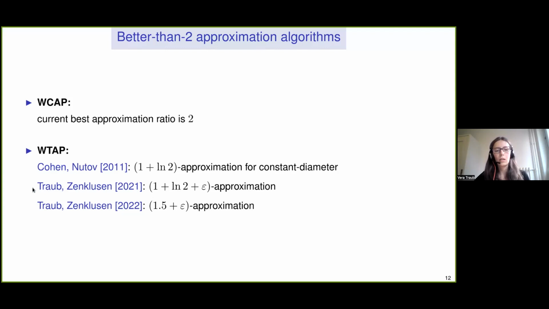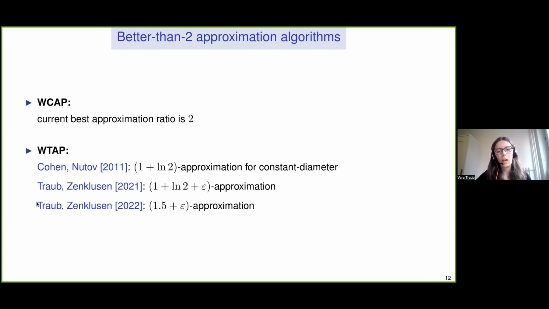And then only last year, in some joint work with Ricots and Clusen, we managed to generalize this result by Cohen and Nutov to general instances of weighted tree augmentation. And there we obtained an approximation guarantee of 1 plus ln 2 plus epsilon. Again, this is a bit less than 1.7. And then in some follow-up work, again joint work with Ricots and Clusen, we could improve this to a 3/2 plus epsilon approximation.